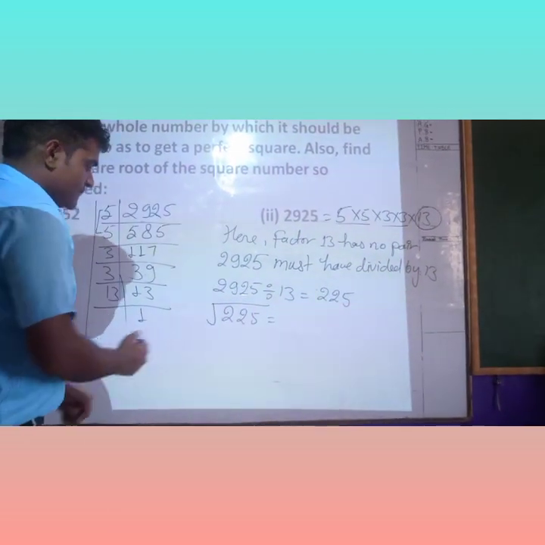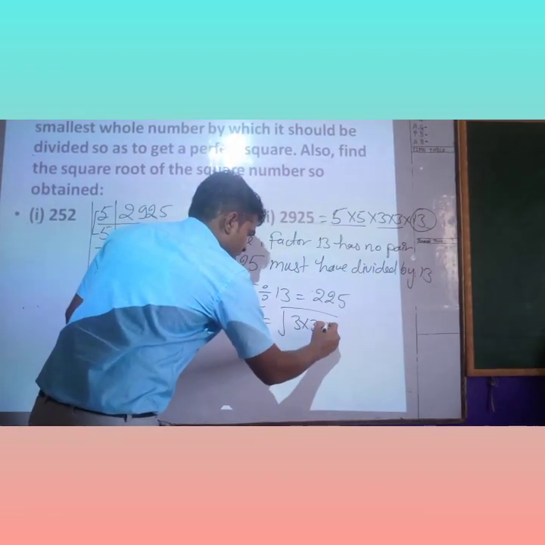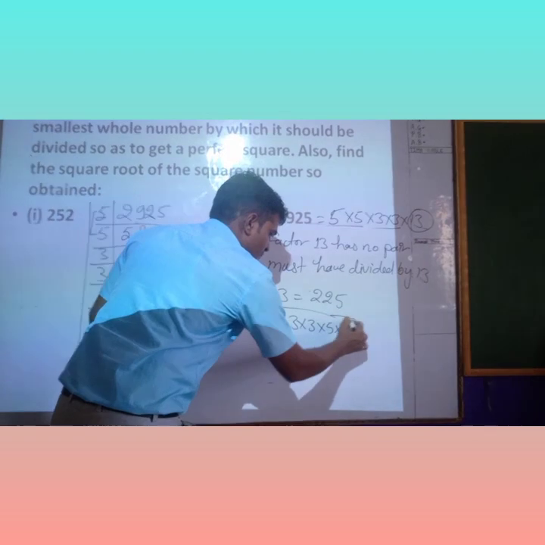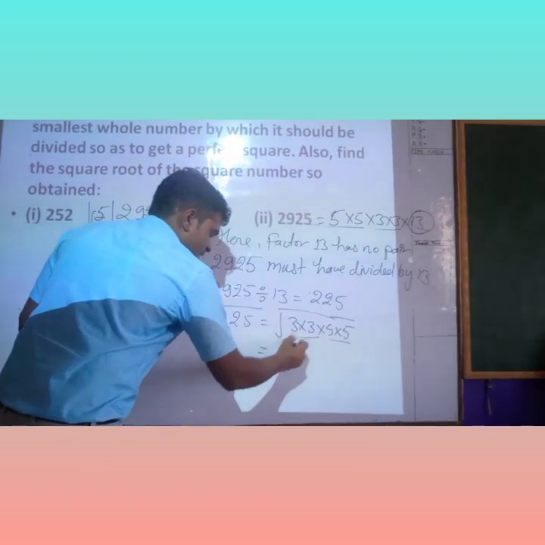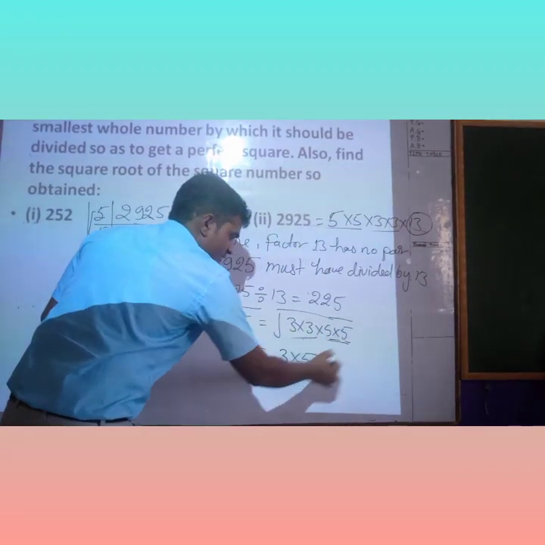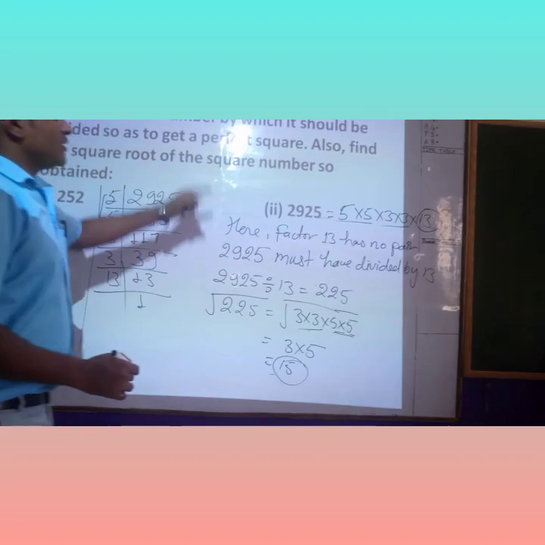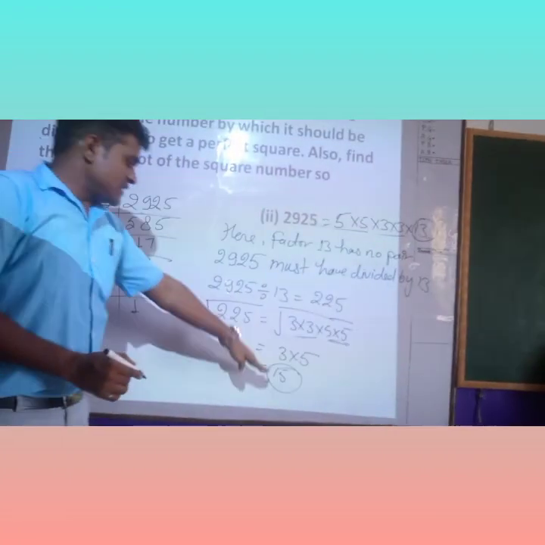Its factors are 3 into 3 into 5 into 5. We make pairs and choose one from each pair. So 3 into 5, 5 threes are 15. So the square root of the number so obtained is 15.